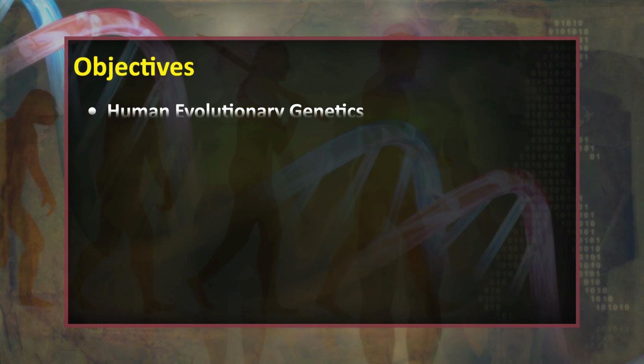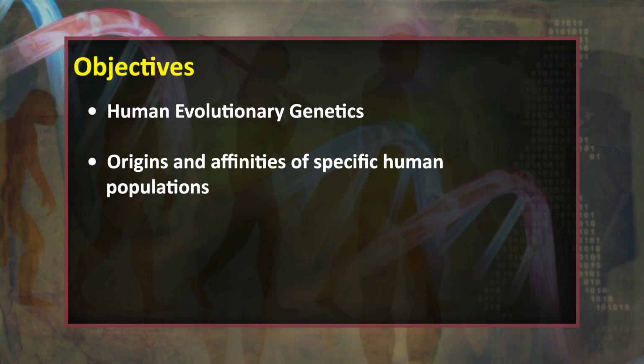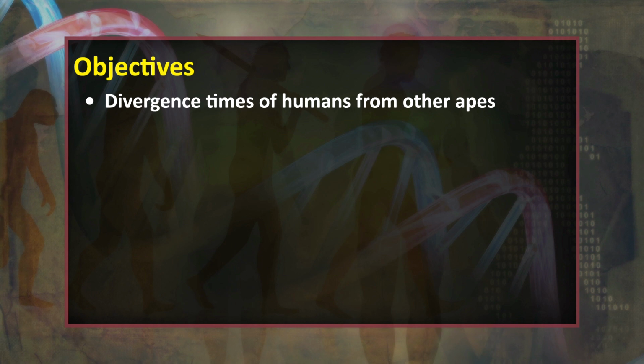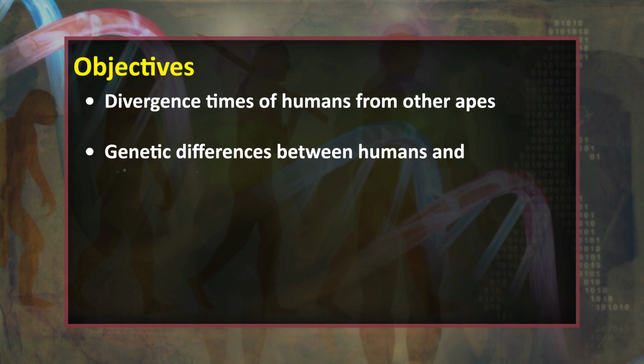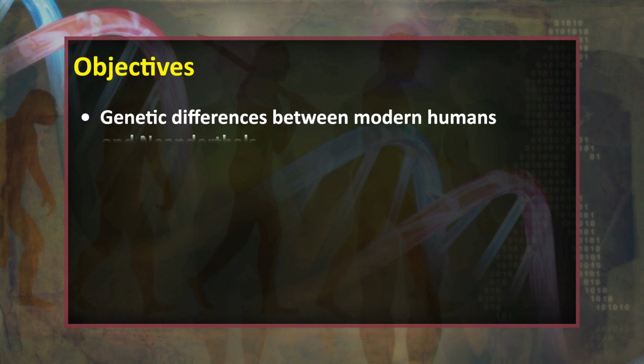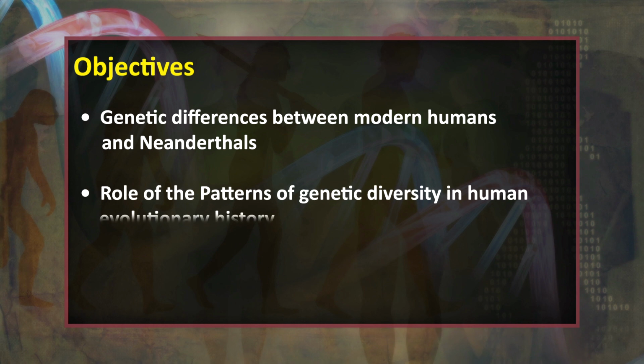The main objectives of today's lecture are to know the basics of human evolutionary genetics, to know the origins and affinities of specific human populations, to discuss the speciation of humans and African apes, to understand the divergence times of humans from other apes, to know the genetic differences between humans and other great apes, to understand the sequence divergence between humans and apes, and finally to discuss the genetic differences between modern humans and Neanderthals, and to understand the role of the patterns of genetic diversity in human evolutionary history.